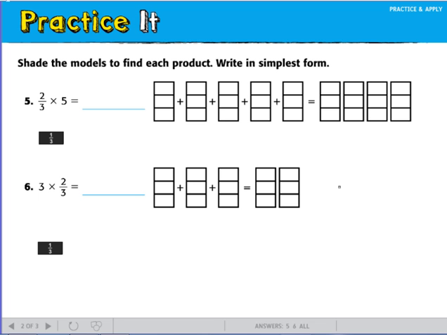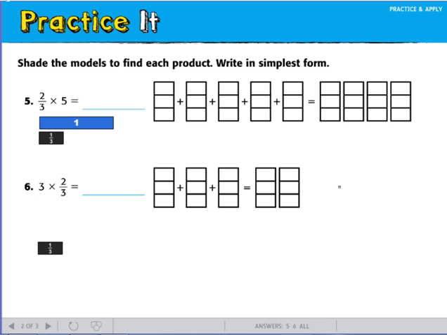Now, I'm going to do number 5 with you because number 5, you don't have enough tiles on your desk. So you're going to have to make some up. Okay? So I'm going to bring one of these over because I'm going to show you how I'm going to do it.